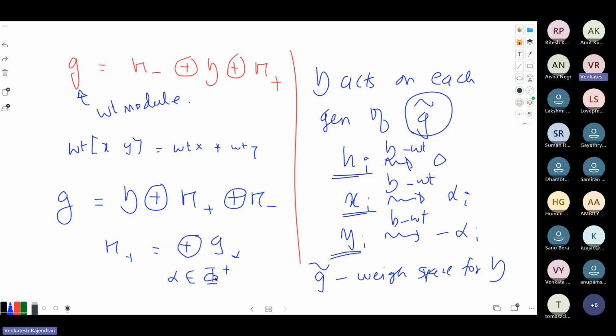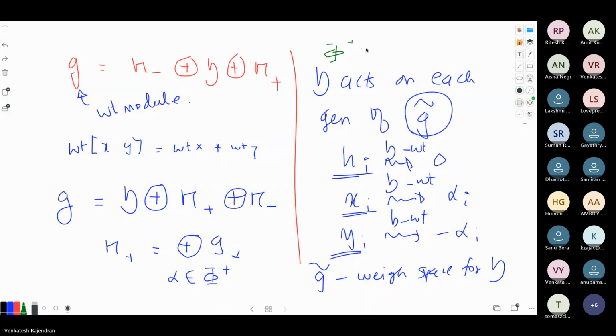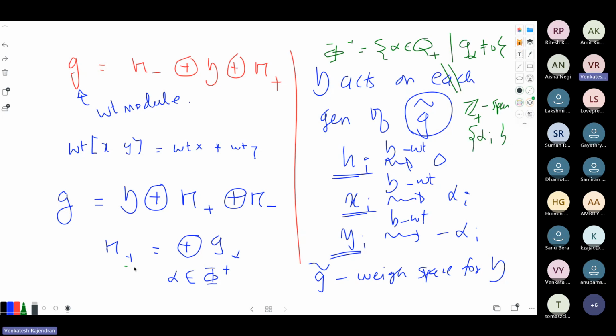So you need to know what is phi alpha. So phi plus is defined to be those alpha from what is called Q plus, such that G alpha is non-zero. That is what you take as definition. Q plus is nothing but Z plus span of all these alpha i's. Similarly, you will have minus here. So then you have root space decomposition.